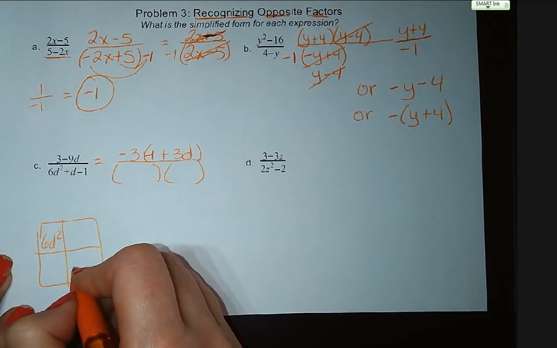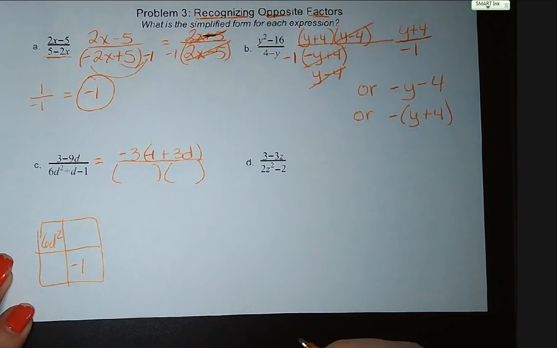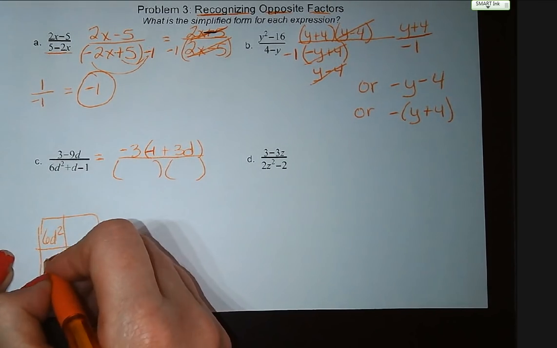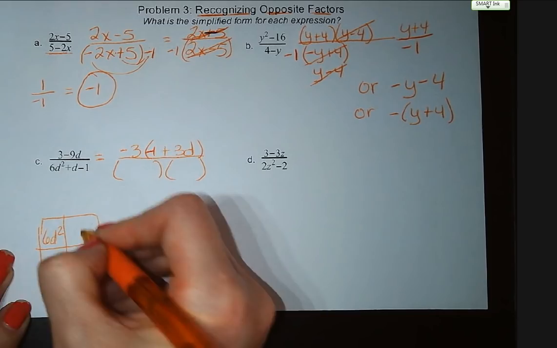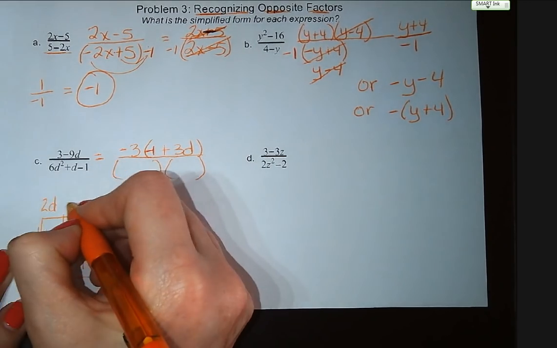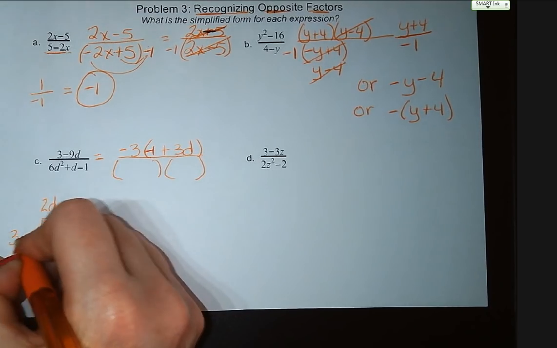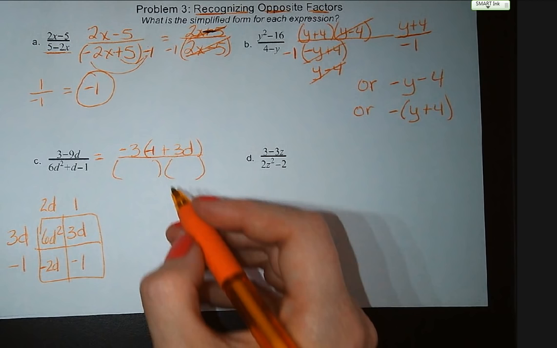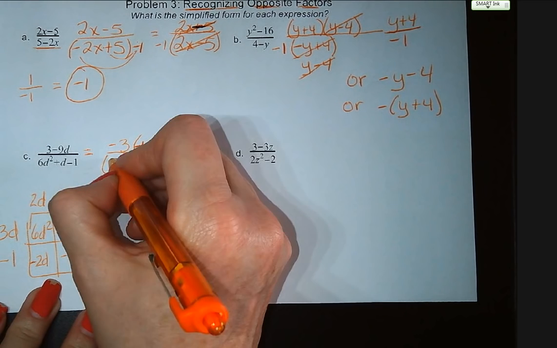All right, and our denominator we have to factor. So we're looking for factors of negative 6 that add up to 1. So that'd be negative 2 and positive 3. Okay. So we've got 2d plus 1 and 3d minus 1.